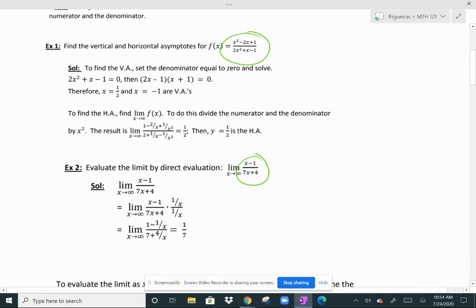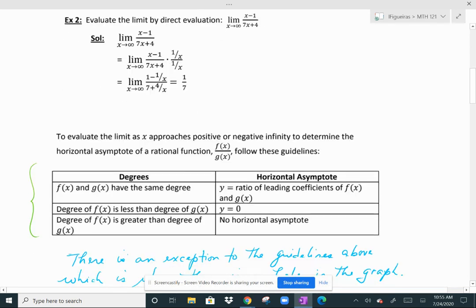So here, the leading coefficients were 1 and 2, so that's why my horizontal asymptote was 1 over 2. And in the second example, my leading coefficients were 1 and 7, so my horizontal asymptote was 1 over 7. Okay, so that's only true when your degrees are the same in the numerator and the denominator.